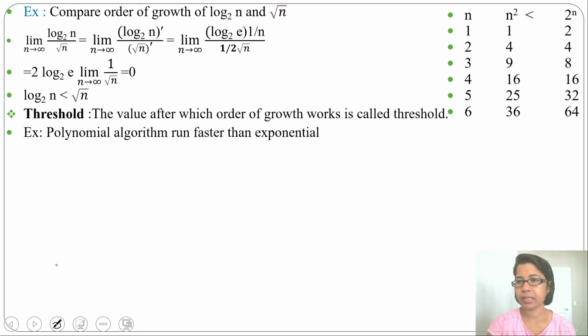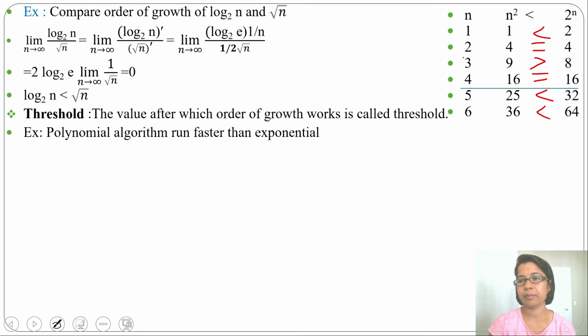Now you can say 1 is less than 2, 4 equals 4, 9 is greater than 8, 16 equals 16, 25 is less than 32, 36 is less than 64. So what is the threshold point here? n square is less than 2 power n after n value is 4. So this is the threshold point. After this 4 it will work, meaning from 5 onward it will work.